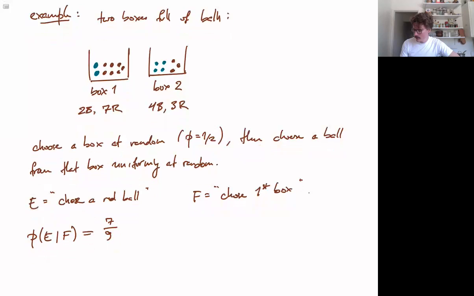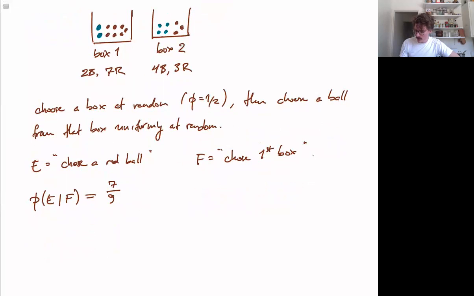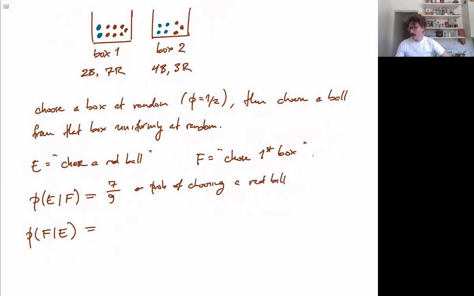So now, what is the probability of F given E? E given F is just the probability of choosing a red ball from the first box.